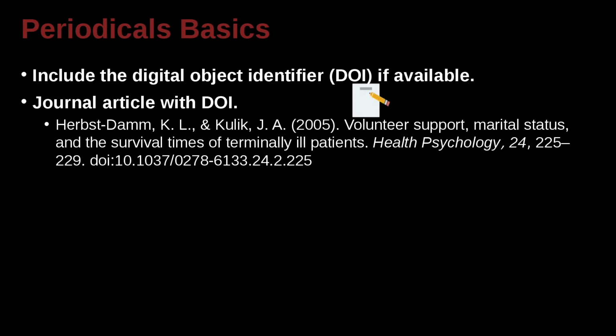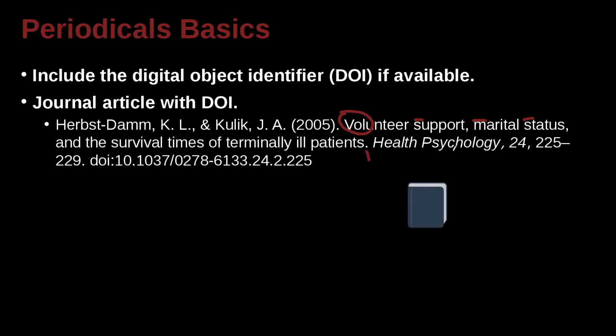Then we have the name of the paper. So the paper is called Volunteer Support, Marital Status, and the Survival Times of Terminally Ill Patients. I want you to pay attention to that. Lowercase s, lowercase m, lowercase s. It's all lowercase except for that first letter of the first word. Then we have a period.